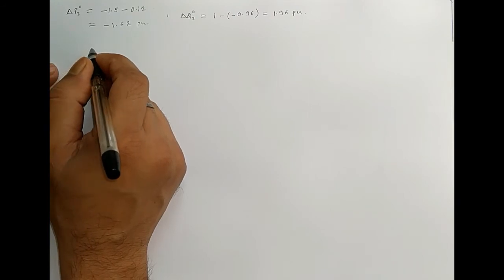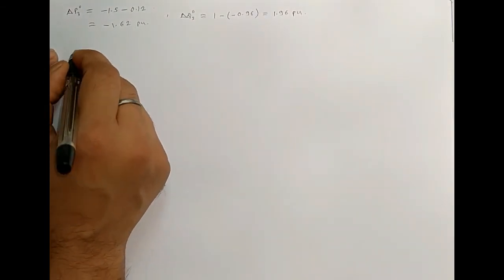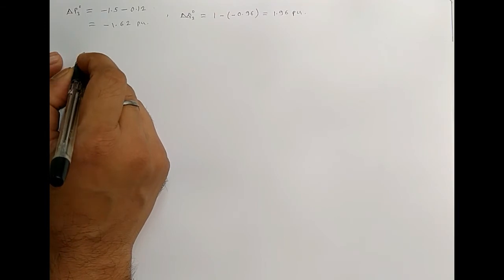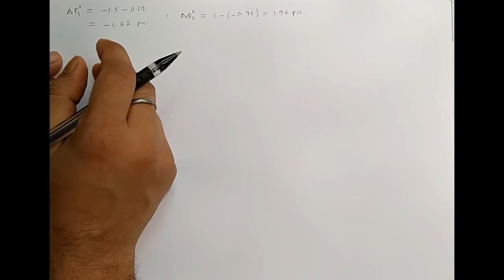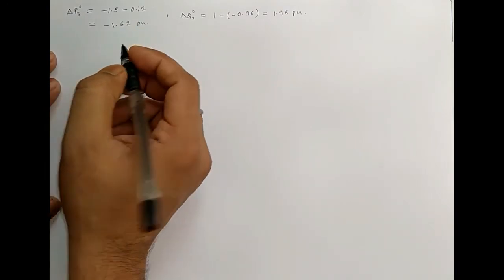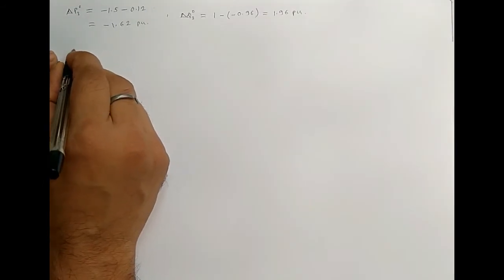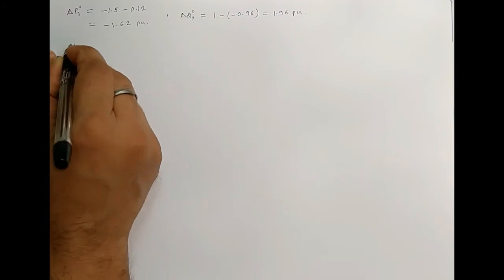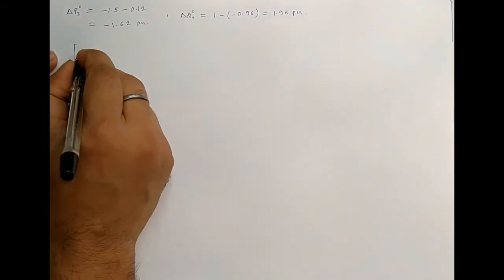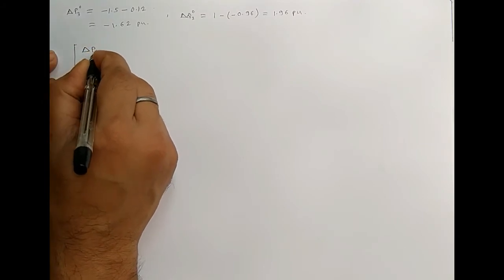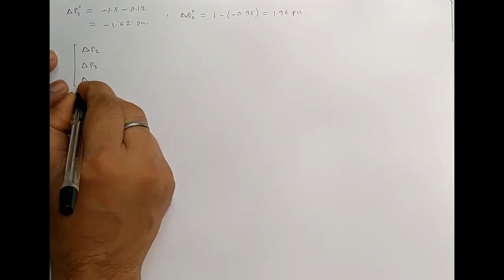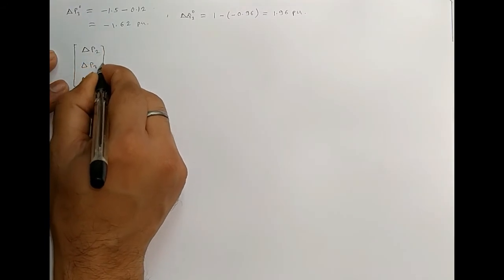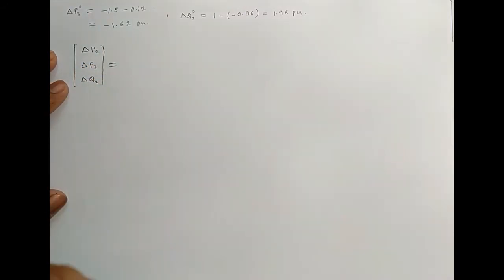As we know, the unknowns here are the delta for both P and Q, and the voltage only for the PQ bus. So in the matrix, this will be the power mismatch, that means delta P2, delta P3 and delta Q2 on the left hand side.